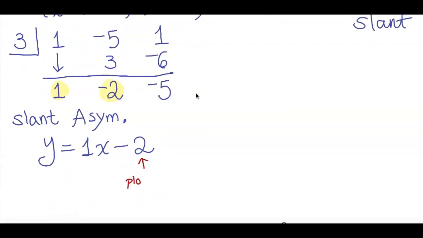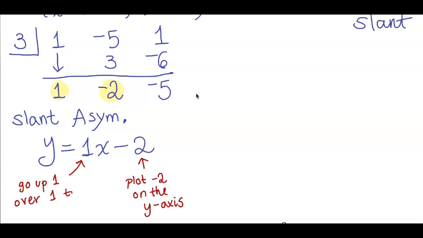Plot -2 on the which axis? The y-axis. That is your mx plus b. So you're going to plot that -2 on the y-axis, and from that point, we will go up 1 over 1 to the right. That's how you will graph that slant asymptote.